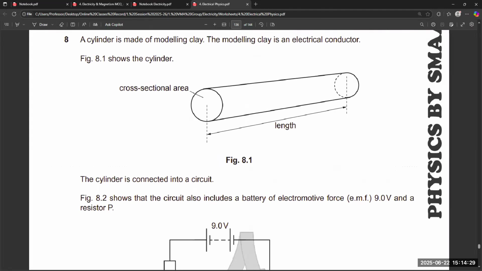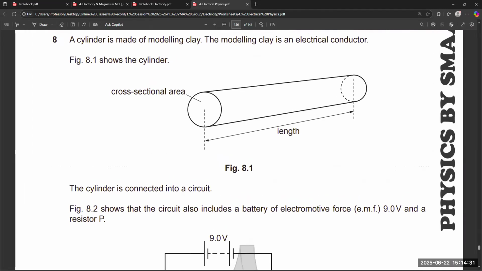Okay, so this is one theoretical question. We can solve this complete question by using the concepts of resistance, current, and energy and power formula.